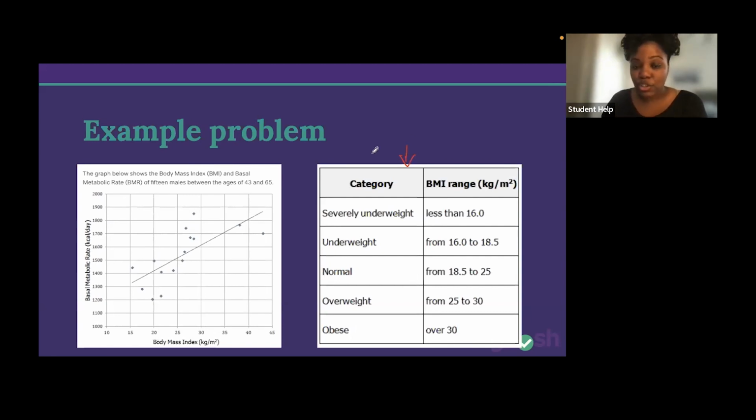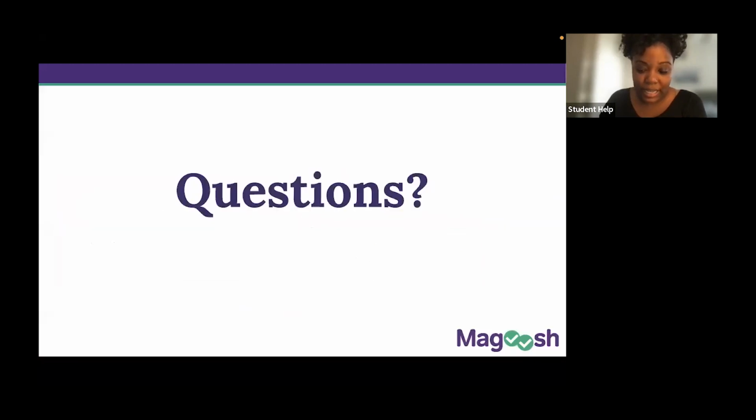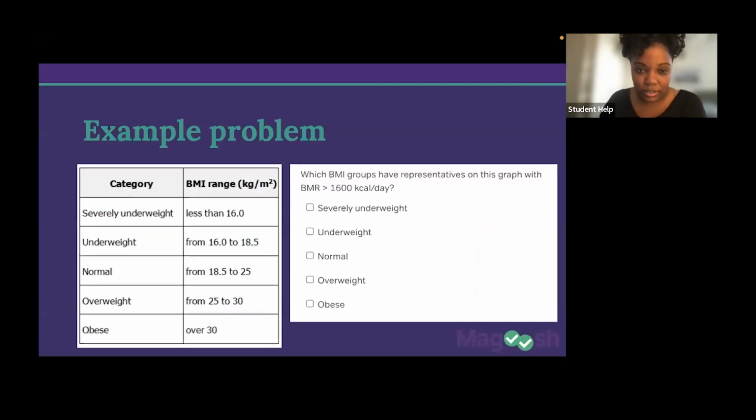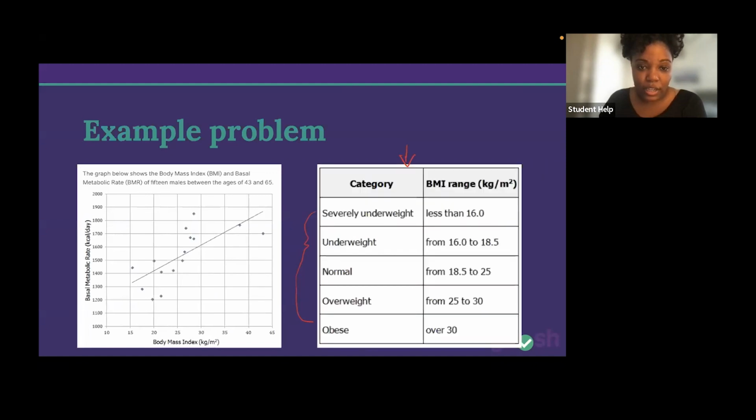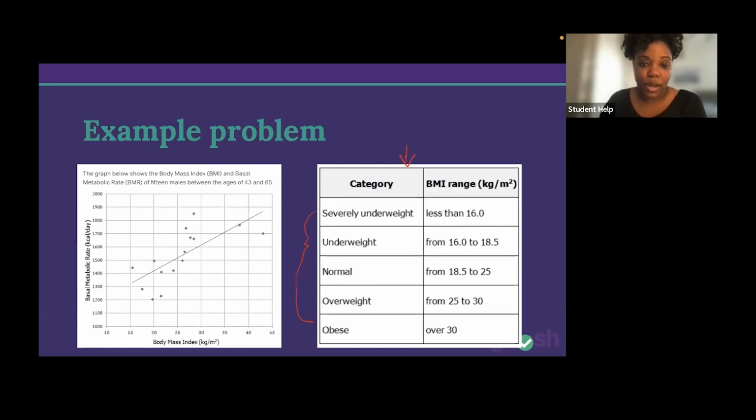Because it starts introducing like the underweight categories and the overweight categories. So I know I'm gonna need this chart. And then it's talking about the graph, BMI groups and BMR groups.